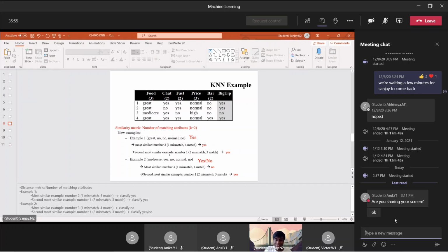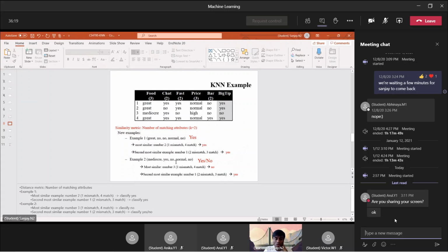Instead of having a big tip as being yes or no, we'd have maybe zeros and ones to represent the different classes they're clustered into, and we would have to go in and say, okay, 0 corresponds to yes, and 1 corresponds to no, as in whether you left a big tip or not. So yeah, that's how this works.